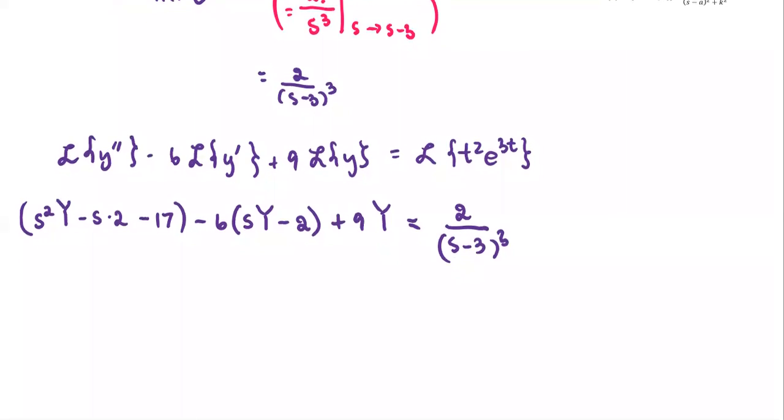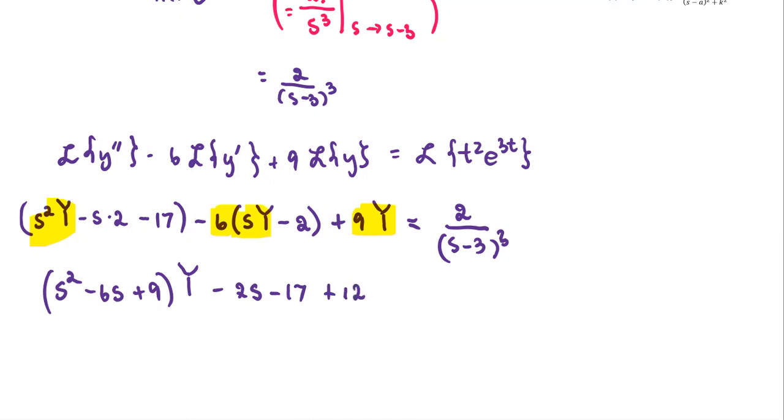From this point, we're going to clean up and collect the capital Y terms, as we see s squared times Y, s times Y, and 9 times Y. The second term is multiplied by 6. So we're going to have s squared minus 6s plus 9 as the coefficient of the common Y. And then for the rest of the terms, we have negative 2s and minus 17, negative 6 minus 2, so that's positive 12, on the right-hand side equals 2 divided by the quantity s minus 3 to the power 3.